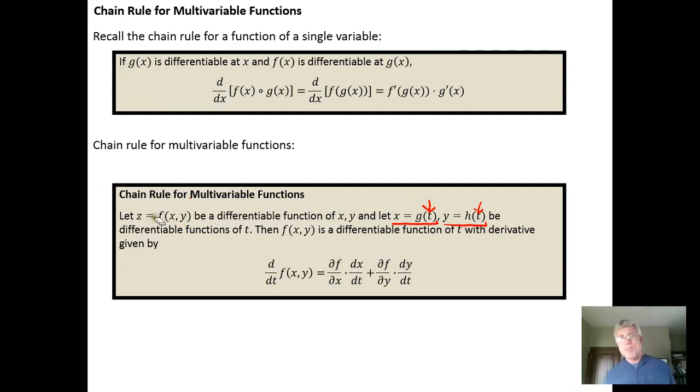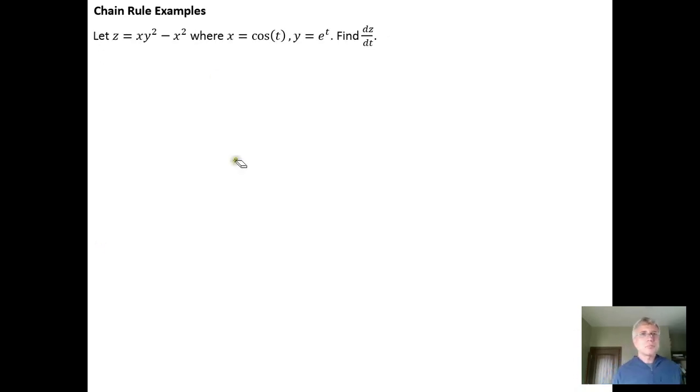So an example of working one of these out, we'll let z be equal to x times y squared minus x squared, where x is changing as a function of a single variable and y itself is also changing as a function of a single variable.